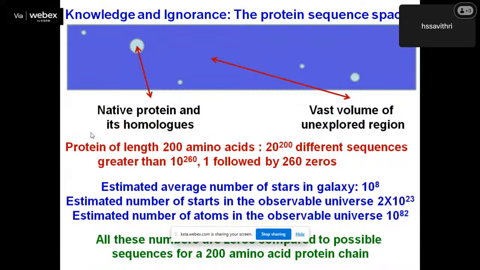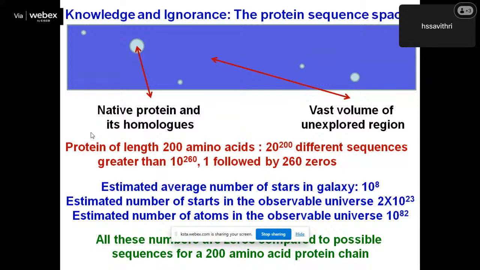Since you can use any colored bead for any position, the number comes out to be 20 power 200. If you change the base from 20 to 10, it becomes 10 power 260. That means 1 followed by 260 zeros.